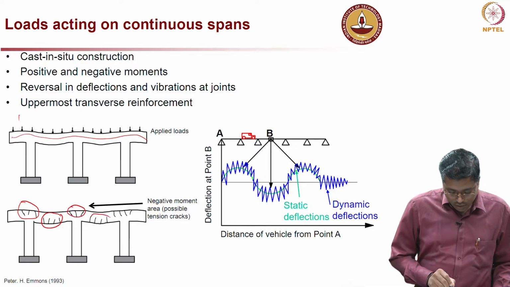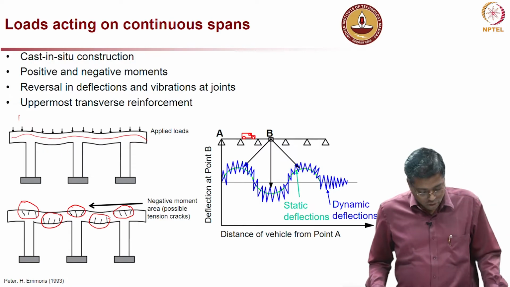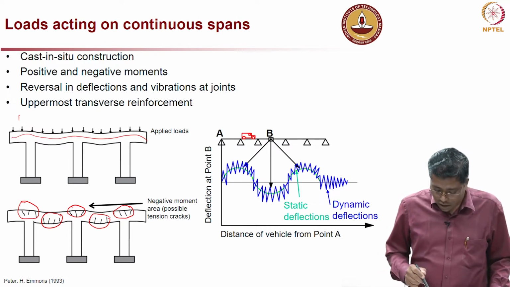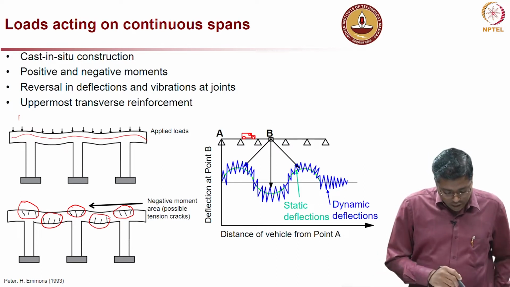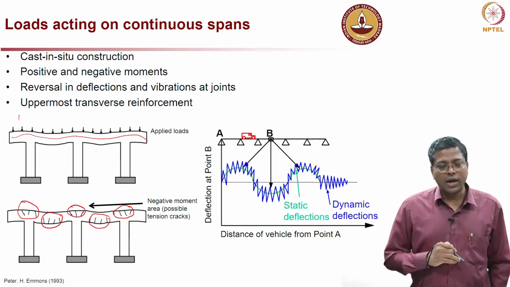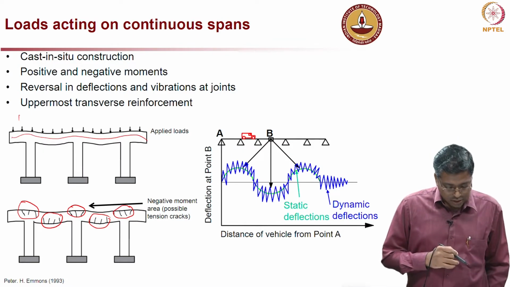So, there is a typical pattern. These are not anything new which you do not know, but I just thought of refreshing your memory on all these things. Now, we know what is the reason for this type of crack, and then we can come up with a strengthening technique.